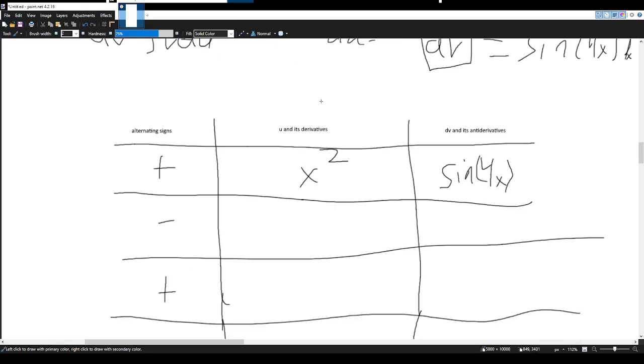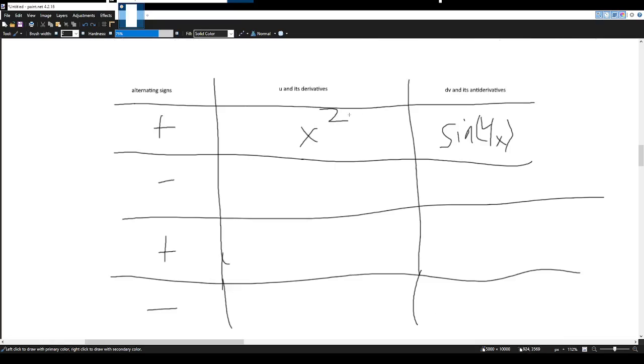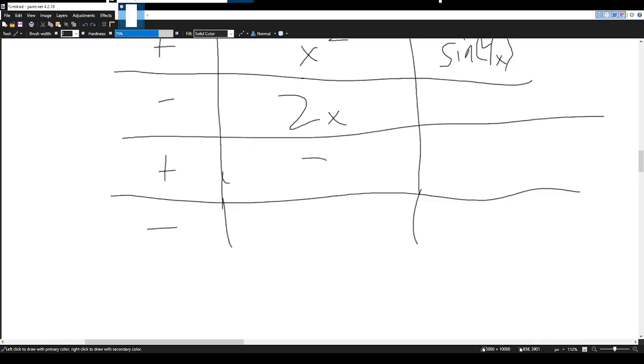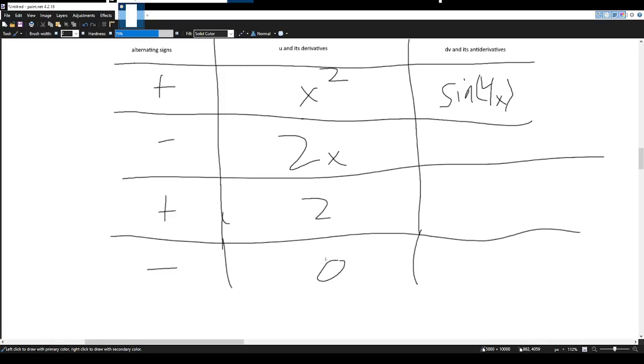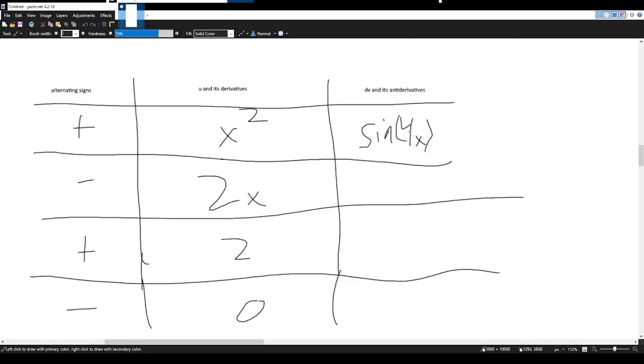All right, so now down this column, we're just going to do the derivative of this a bunch of times. So first derivative 2x, and then 2, and 0, right? So we're doing the derivative of the box above it. Now same thing here, but with the antiderivatives. I'm not going to go through how to do this, I'm just going to copy what the book has.